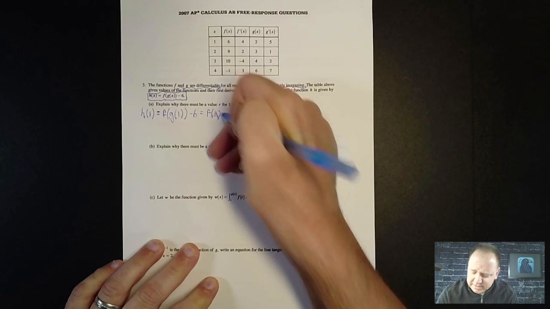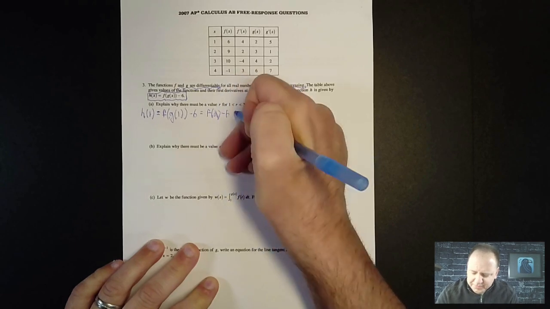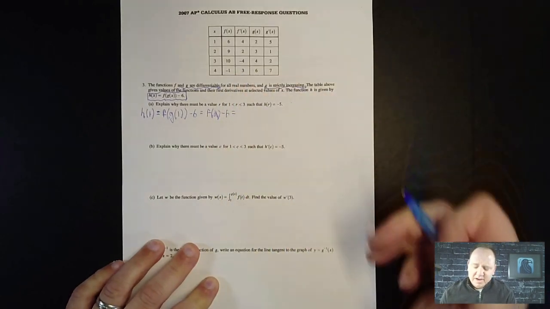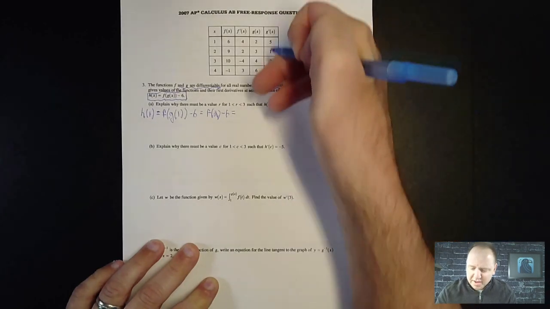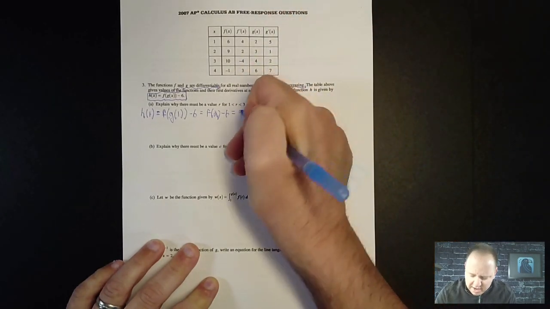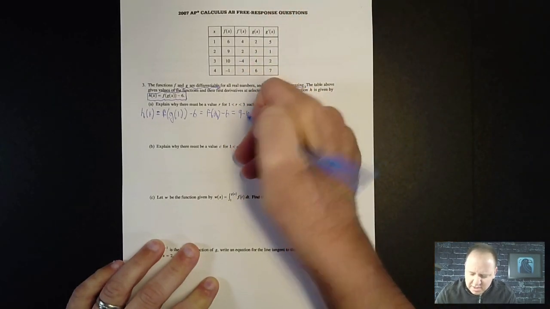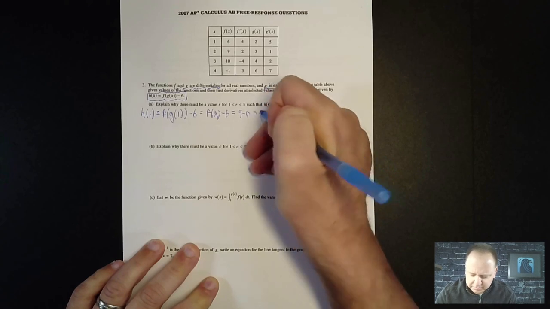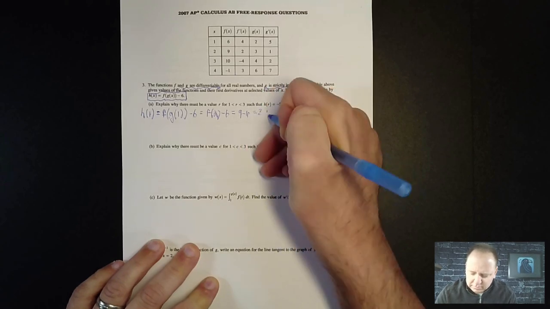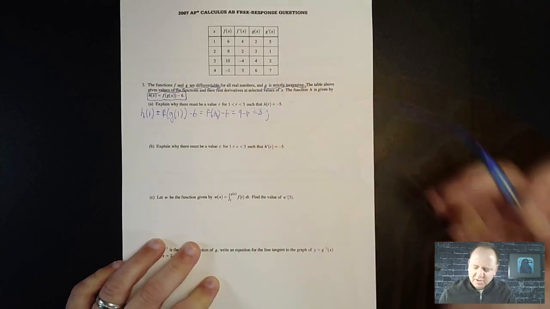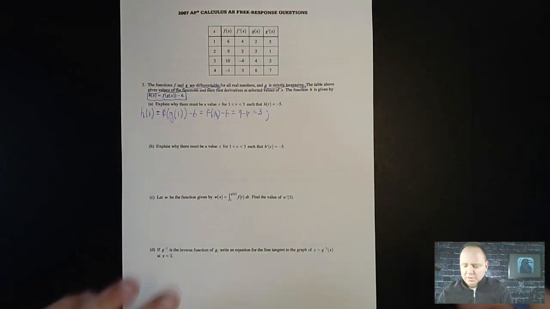I don't want to make a mistake here. It would show itself if you did anyway, but let's just walk through this. f of 2 is 9, so 9 minus 6 is 3. Let me write that a little bolder.